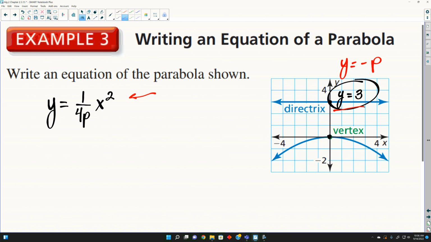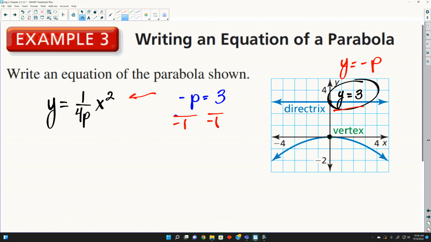So what this equation is telling us is that negative p is what? 3. Negative p is 3, because that 3 is taking the place of negative p in this equation. Now we just need to solve for the value of p.